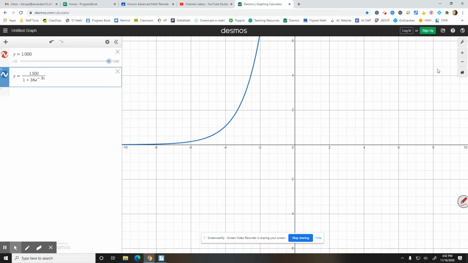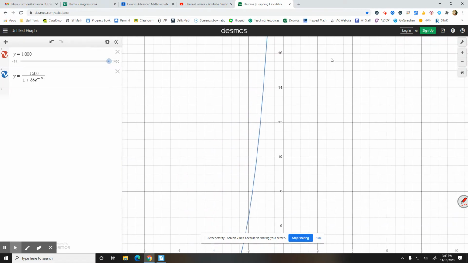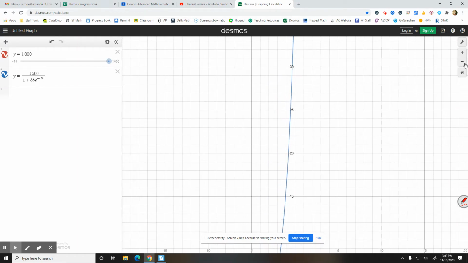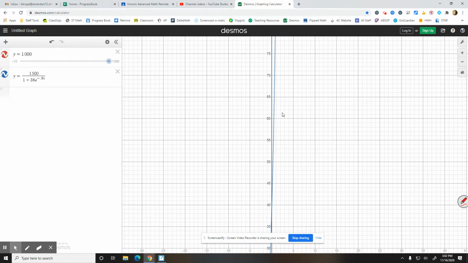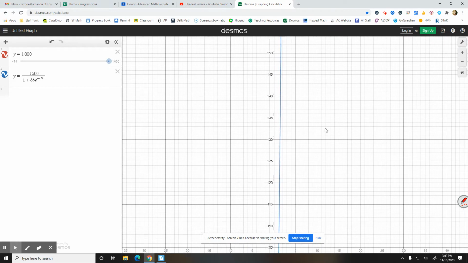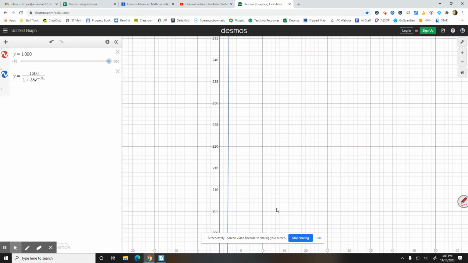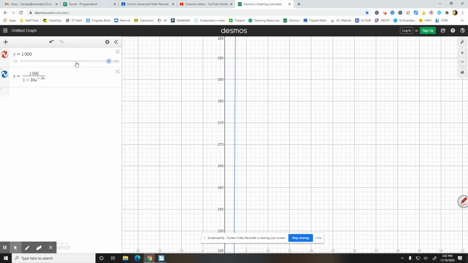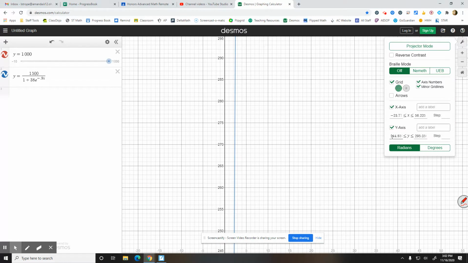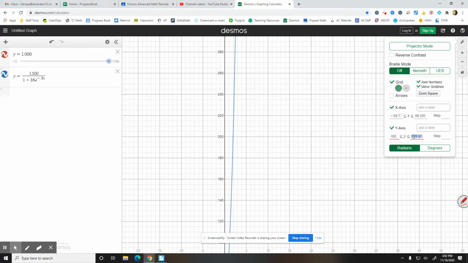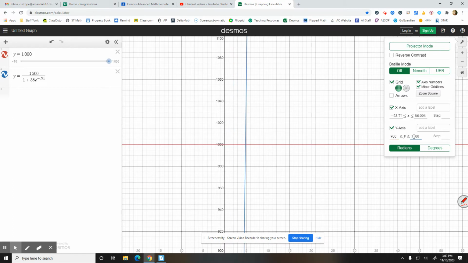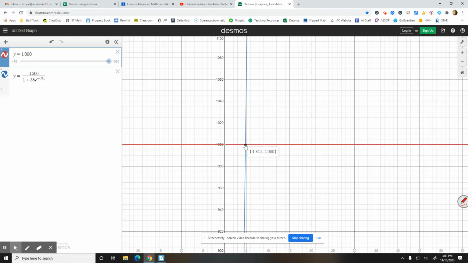I'm going to hit the home button to take me back, and then I'll just find my way. But I need to see where these lines cross. So there's my blue logistic function. Oh, and we're going to 1,000. So I better change the y values to get there a little faster. Maybe I'll go 900 to 1,100. There we go. And I want to just know where they cross.